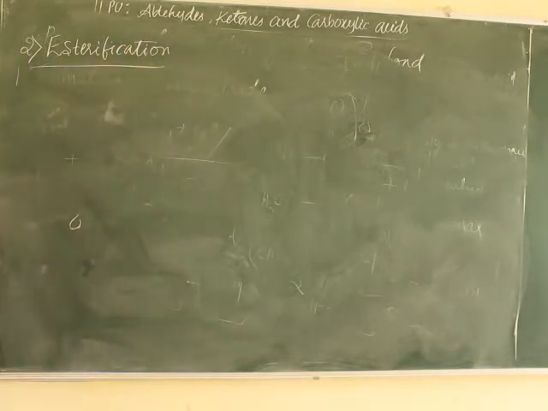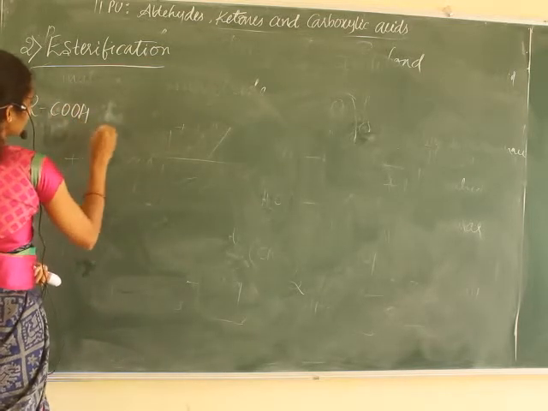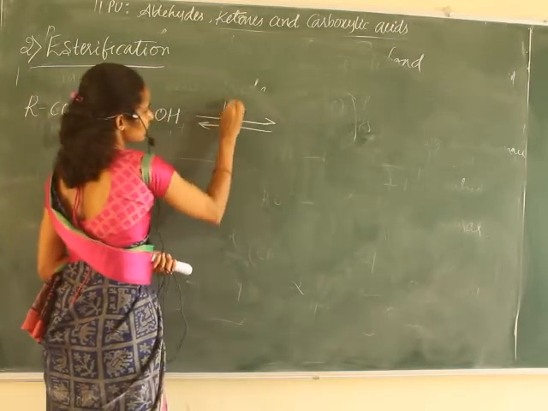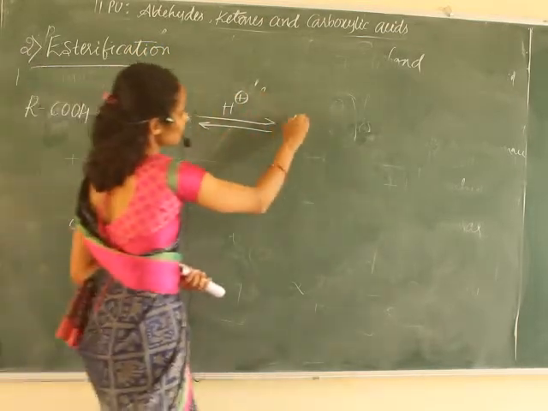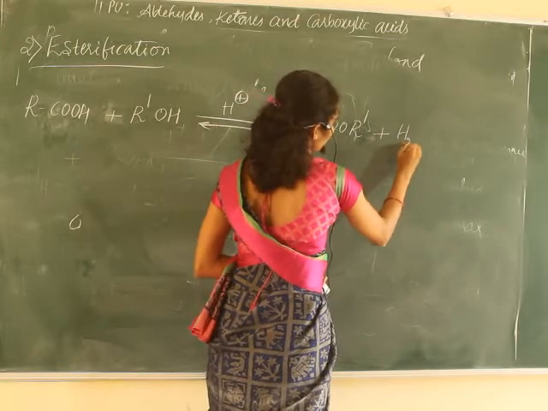Esterification reaction. As I said, carboxylic acid reacts with alcohol in presence of a catalytic mineral acid like sulfuric acid or HCl and results in the formation of an ester, right? That is RCOOH, acid, in presence of alcohol, and the important thing is in presence of a mineral acid, HCl or H2SO4. Acid plus alcohol gives an ester, RCOOR dash, ester plus water.